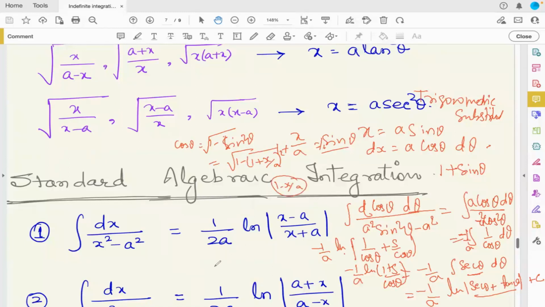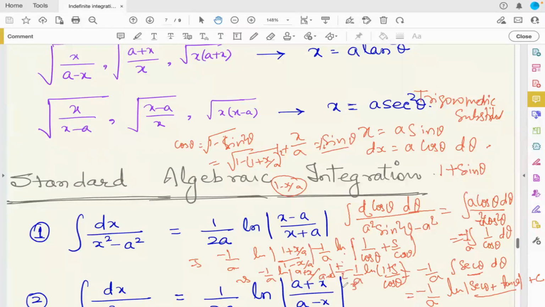Okay. So when we write that, what I get is minus 1 by a ln mod of 1 plus x by a over 1 minus x by a. And when we solve that, we get minus 1 by a ln of a plus x by a minus x, and then here we get 2a. So we get 1 by 2 here.